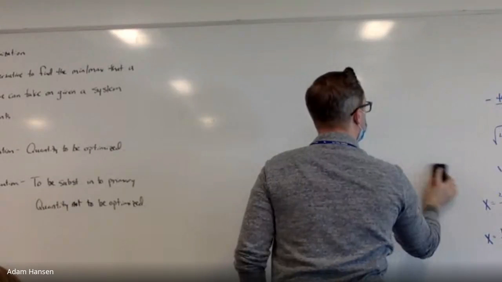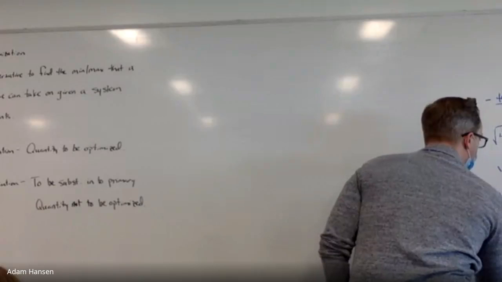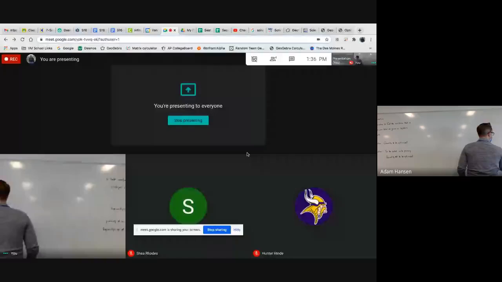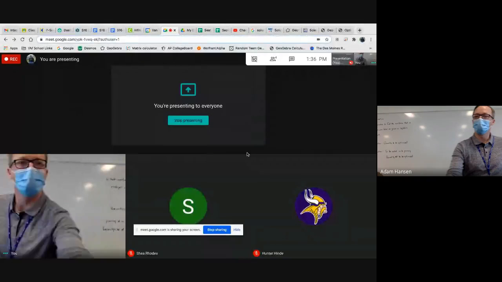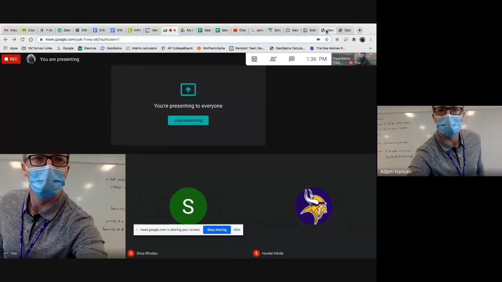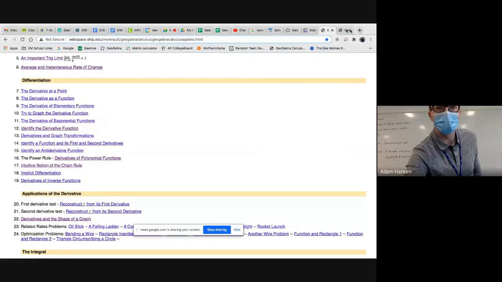This is going to be about land area. The 3 pens example here.